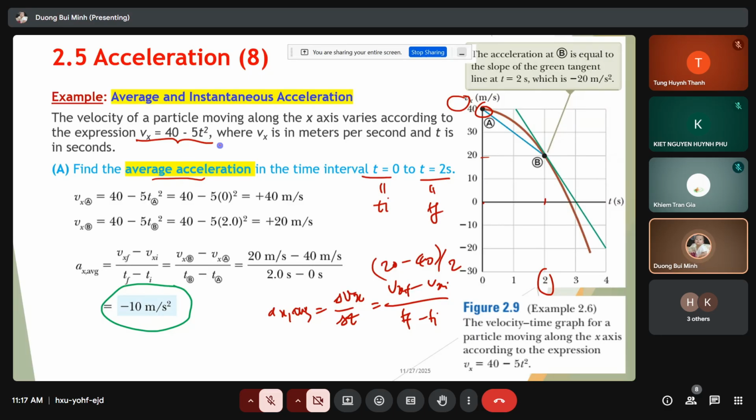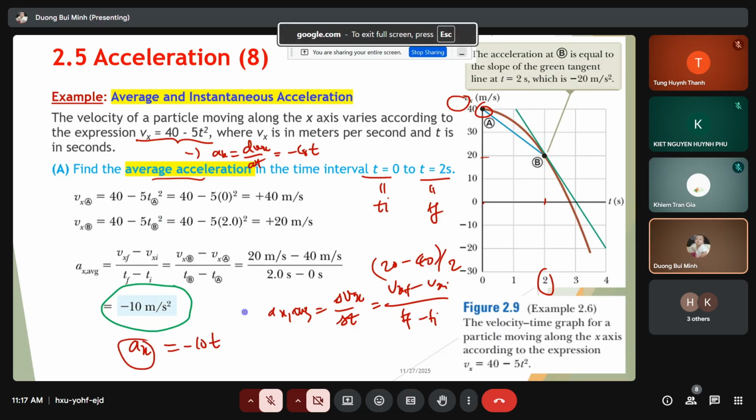Or you can calculate here: we have Vx, so we have Ax, the derivative of Vx with respect to time. So you get minus 10t. And we have delta t. So here we have Ax, which is instantaneous, minus 10t.